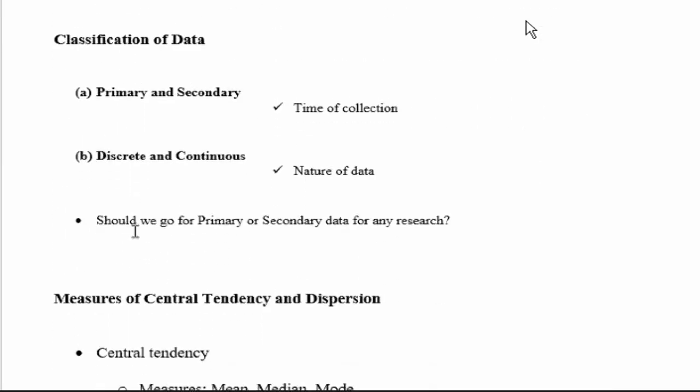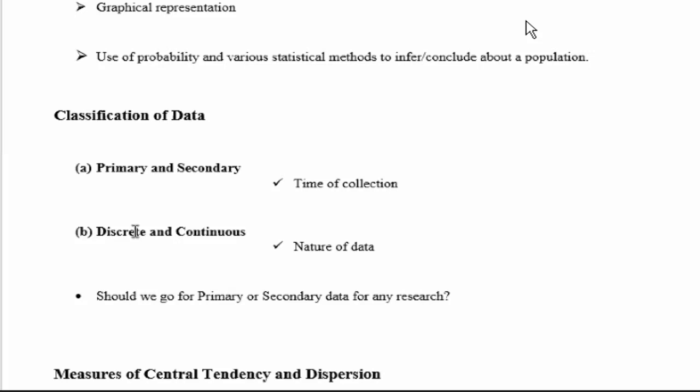Another set of terminology that we use is about the classification of data. Data are broadly classified on the basis of time of collection and on the basis of nature, which you can see on the screen. Primary and secondary data are defined on the basis of time of collection.